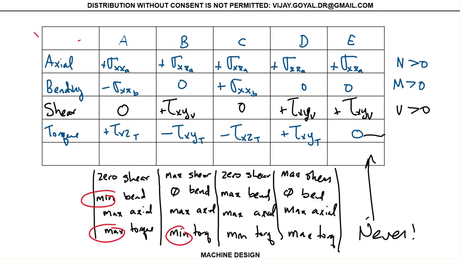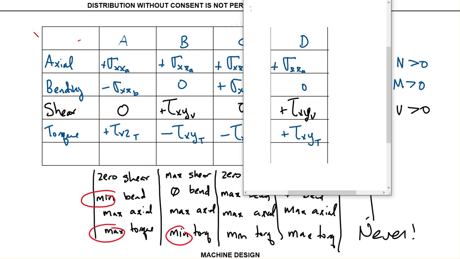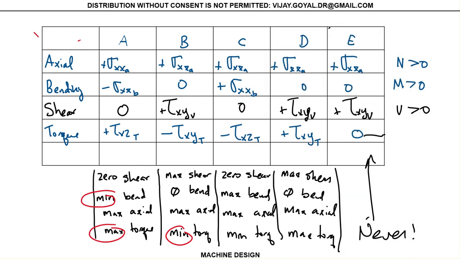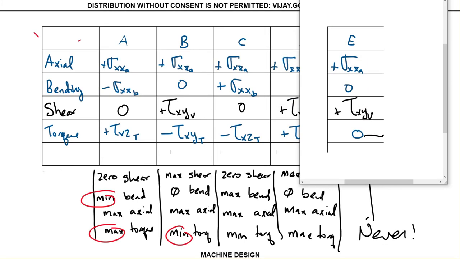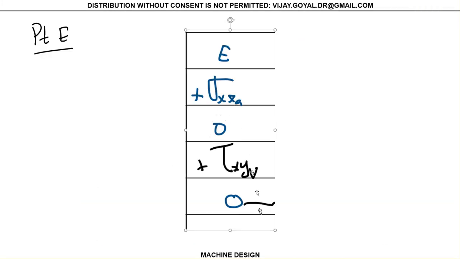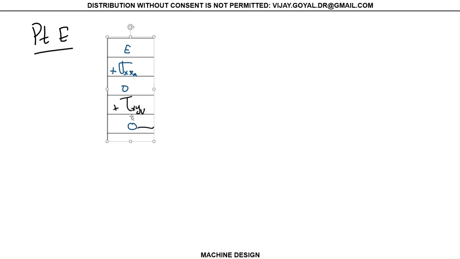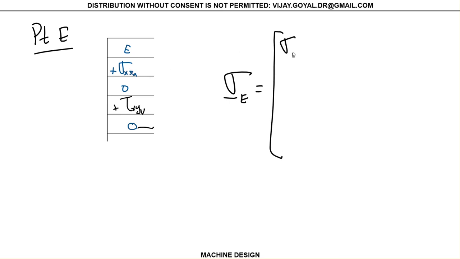And just for completeness, your point E will look as follows. Okay, so this state of stress, E, is going to look like, this is sigma xx axial, tau xy is all positive, everything else is 0.